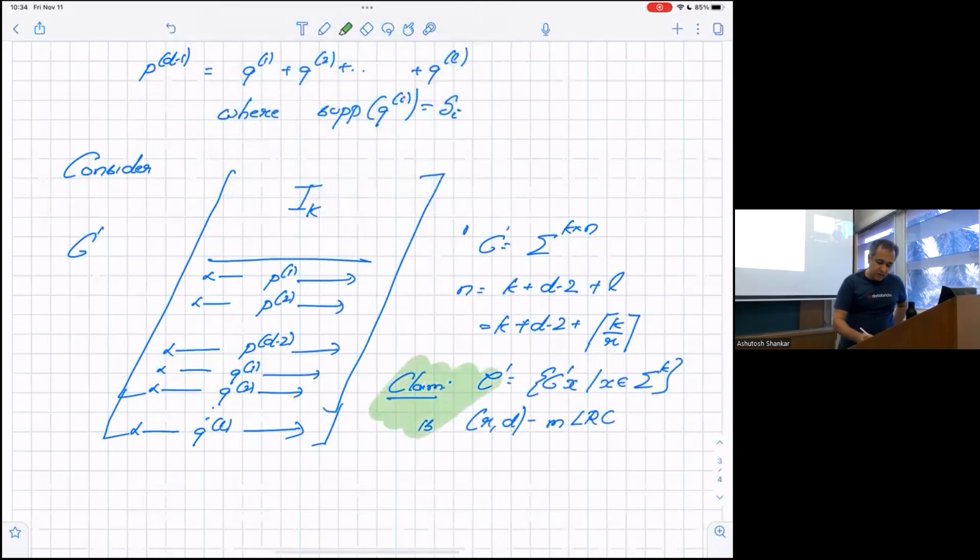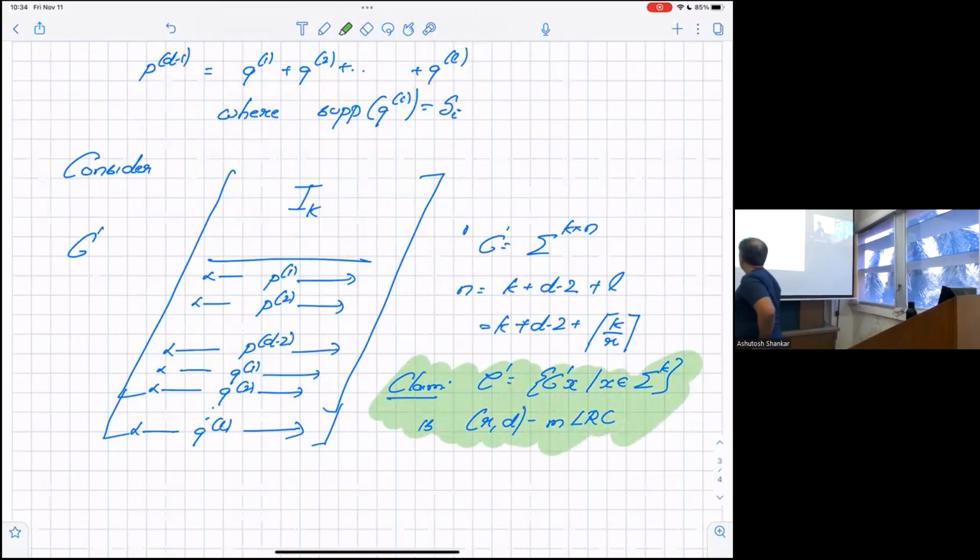Firstly, let's look simply at its distance. The original code had distance D. Does this code still have distance D? Each Q_i has support at most R.